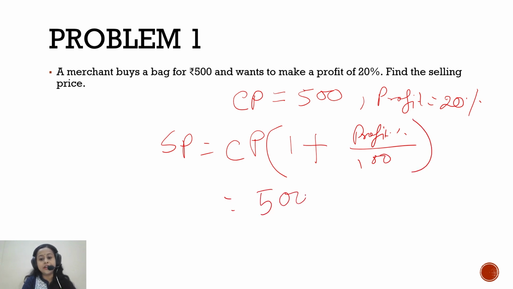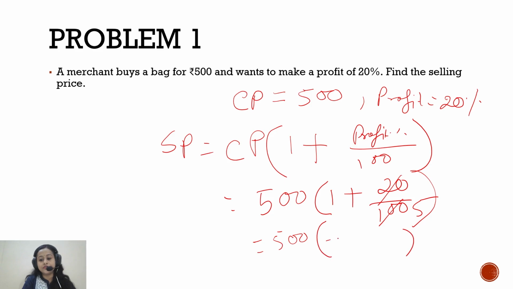So 500 into 1 plus 20 by 100, right? The LCM will be 5, so 5 into 1 plus 1, so it will be 500 into 6 by 5, right?